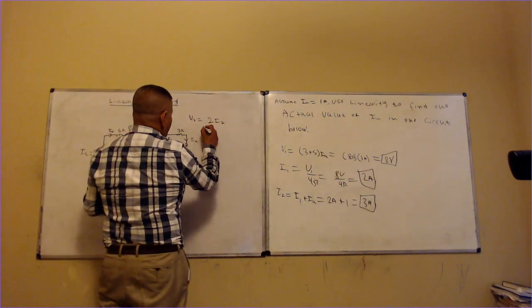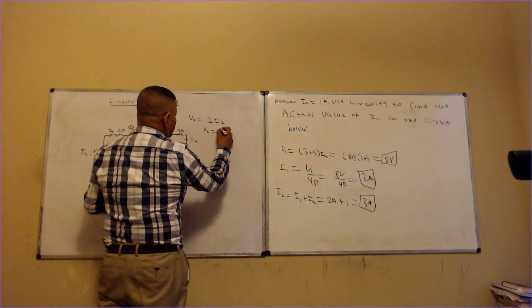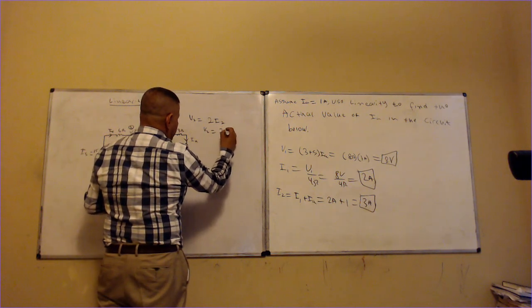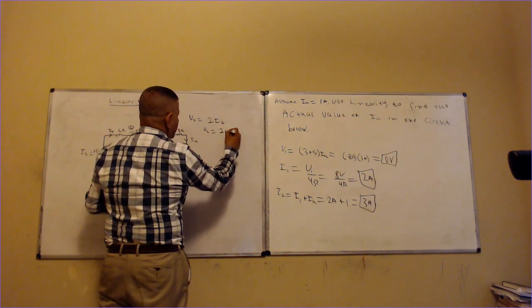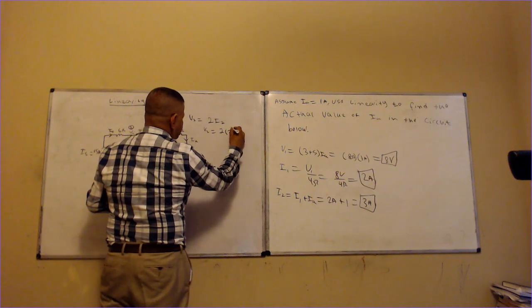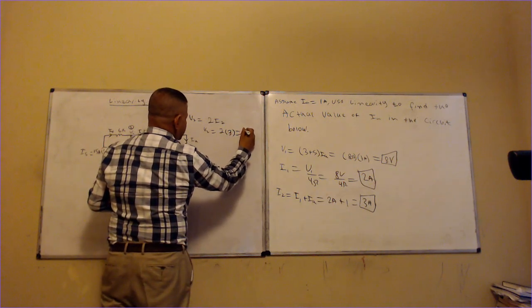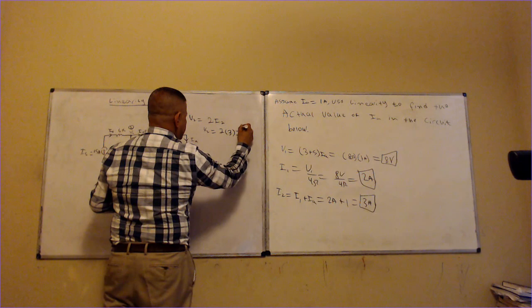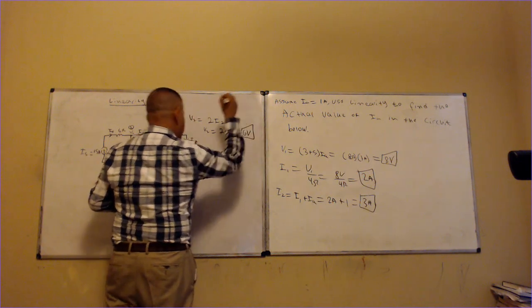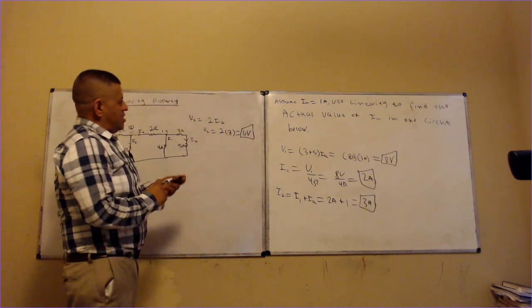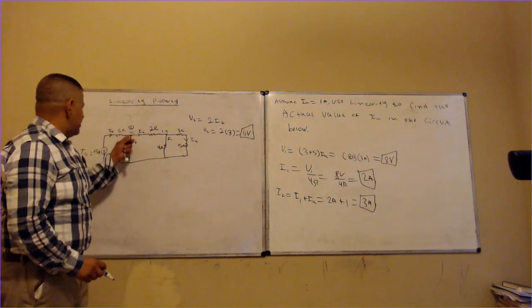I2 is 3 amps, so V2 is going to be equal to 2 times 3 amps, which is 6 volts. Okay. So now I got a V2, I am here now. See that?